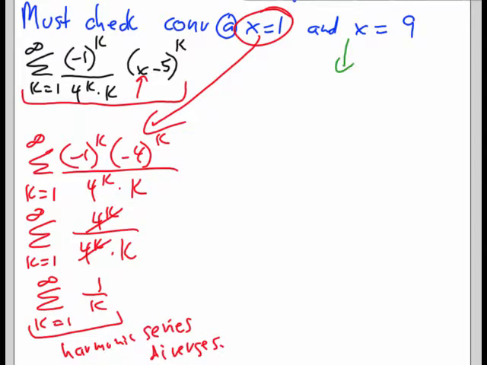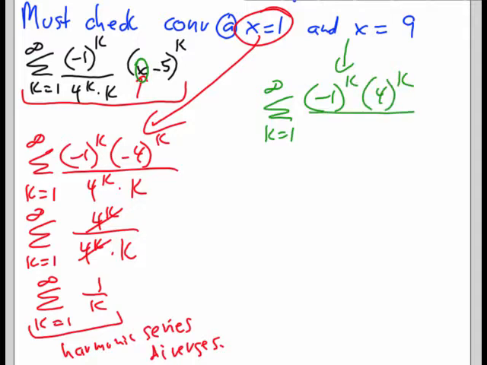If I check x equals 9, plugging 9 in here, that will mean that these terms cancel out.